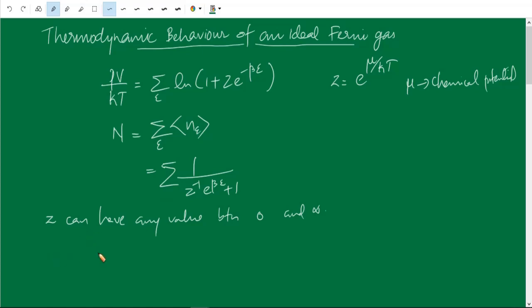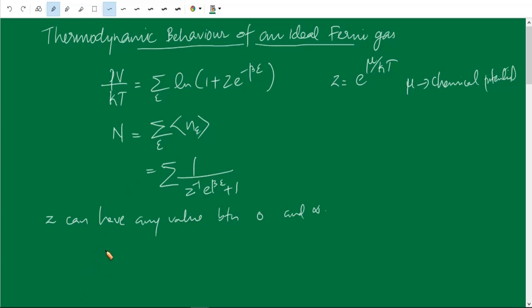Okay, if V is large, if the volume of the system is large, then the energy levels are very close to each other. Therefore, we can say that the energy spectrum is continuous, and we can replace the summation in these two expressions by integration.